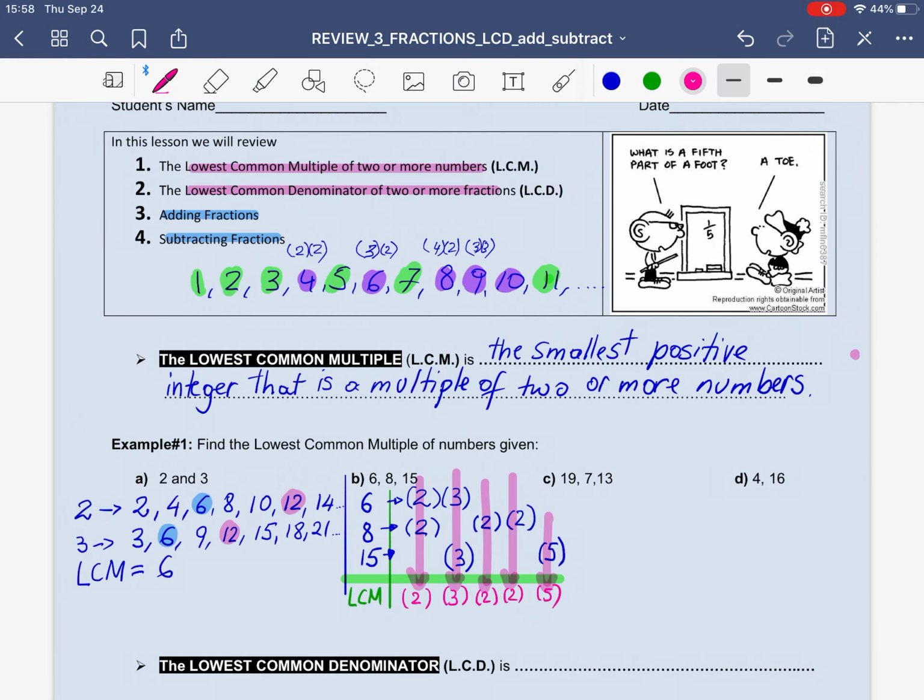And if you multiply them all together, 2 times 3, 6, times 2, 12, times 10, 120, we're going to say that the lowest common multiple would be 120. This is the smallest number that is a multiple of all 3 of them.